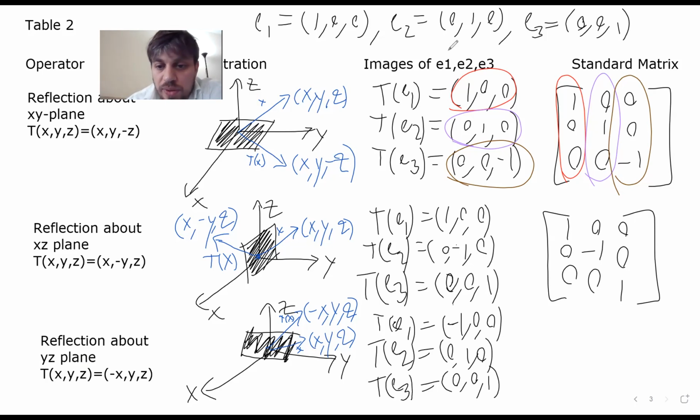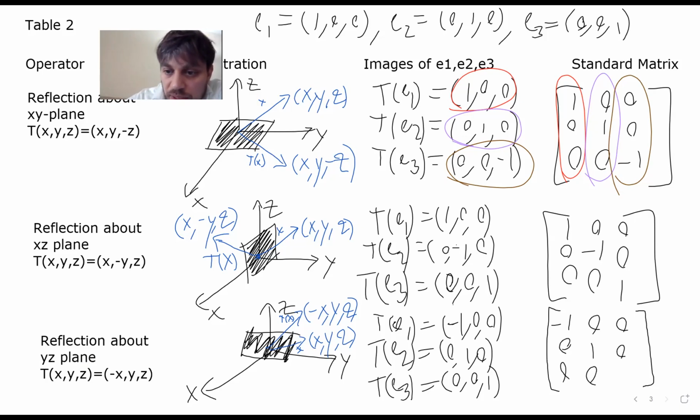Okay, so now you have the images under T of E1, E2, and E3. So T of E1 is the first column, T of E2 is the second column, and T of E3 is the third column. Okay, so that's the standard matrix for reflection about the YZ plane.